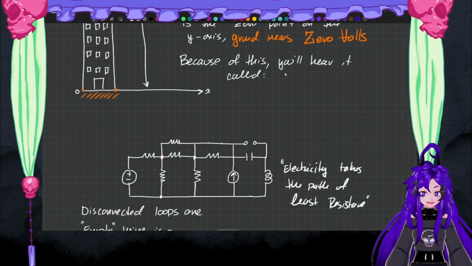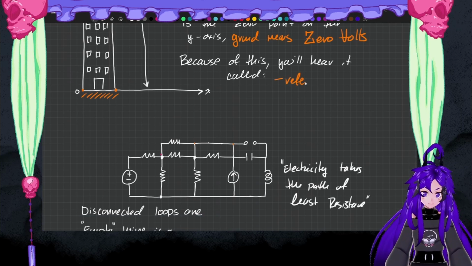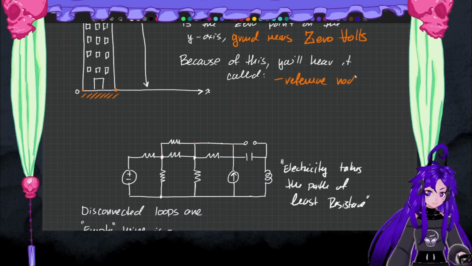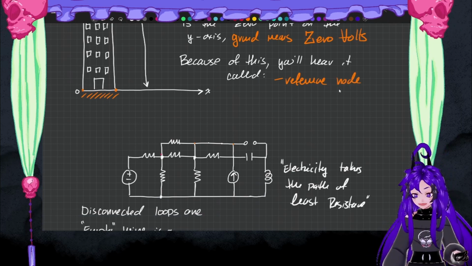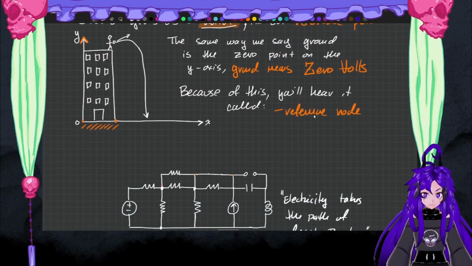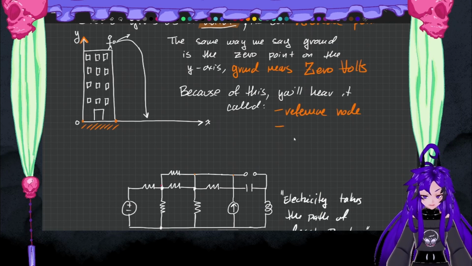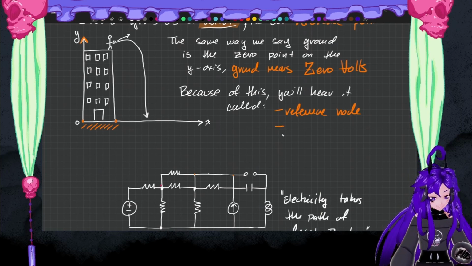Because of this, you will hear it called the reference node. It took me embarrassingly long to put together that ground meant reference, or that reference node meant ground. I will save you that trouble. I will say it out loud.